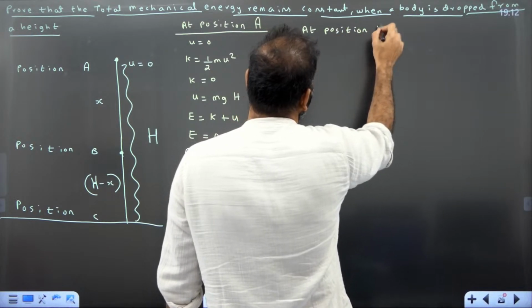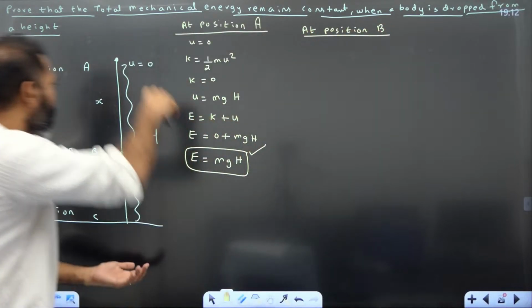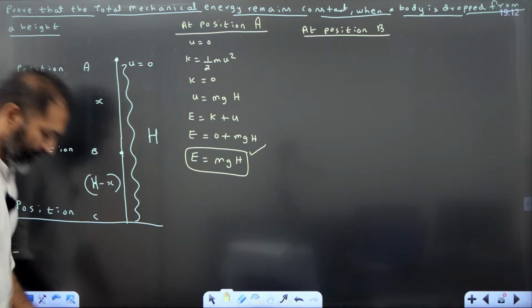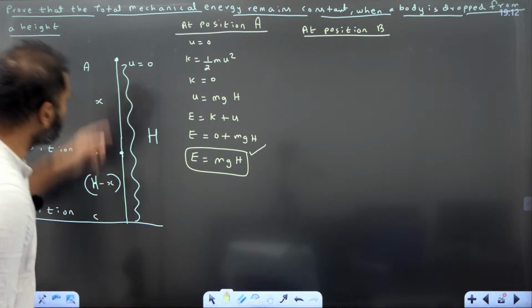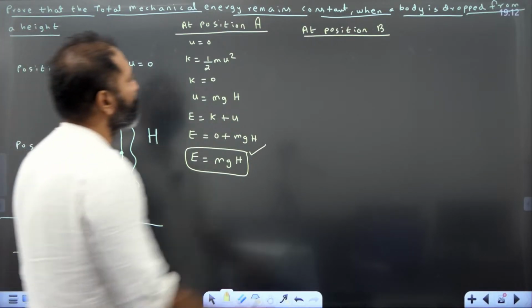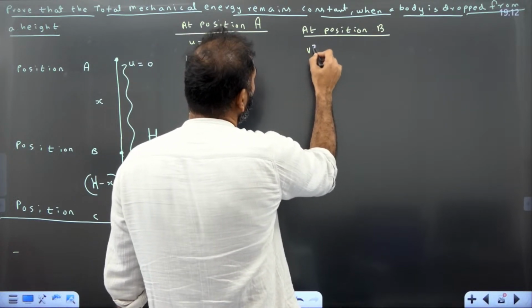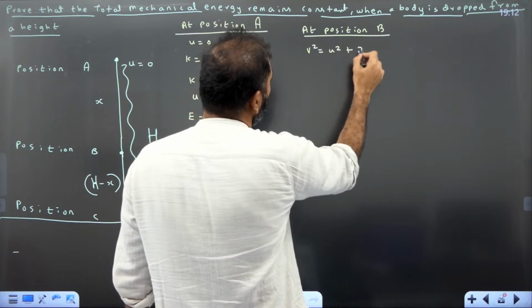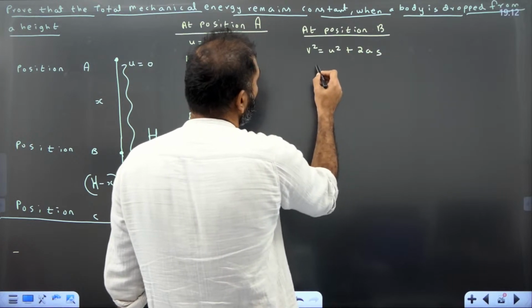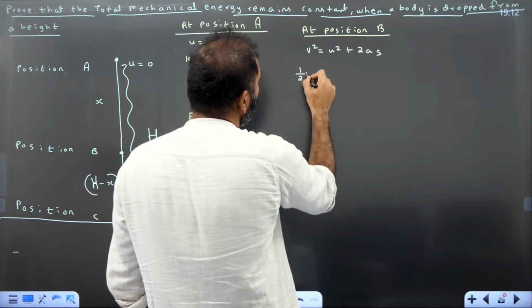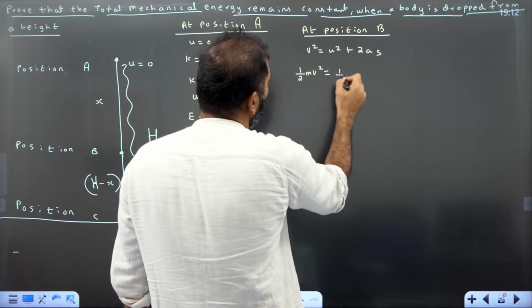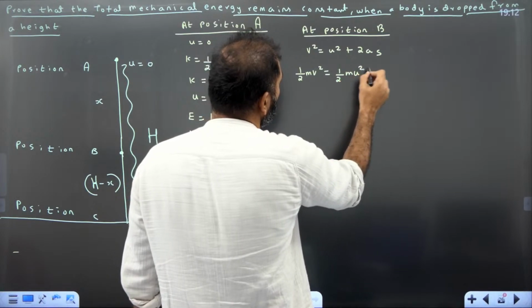At position B, what happens? After dropping the pen from this height, at position B, it has traveled a distance x. So initial velocity is what? V square equal to U square plus 2as.